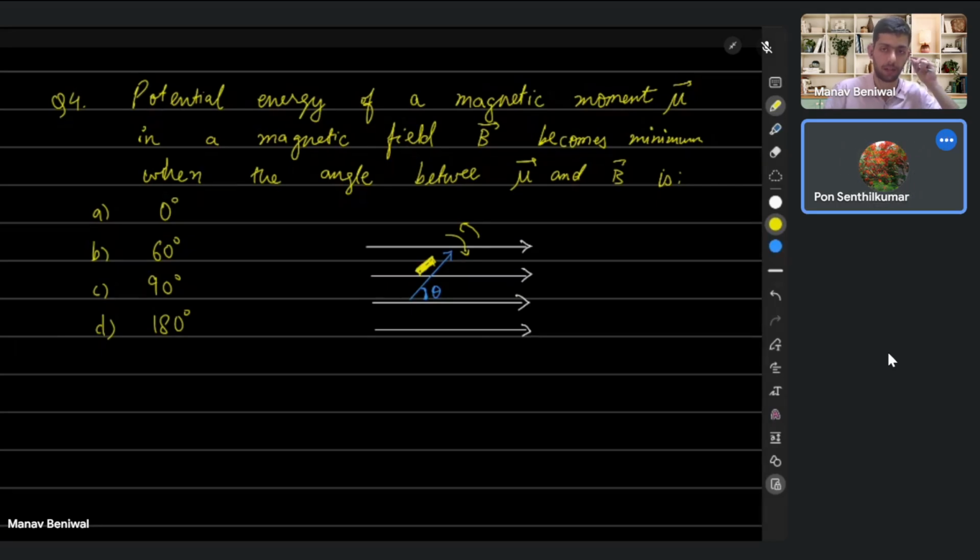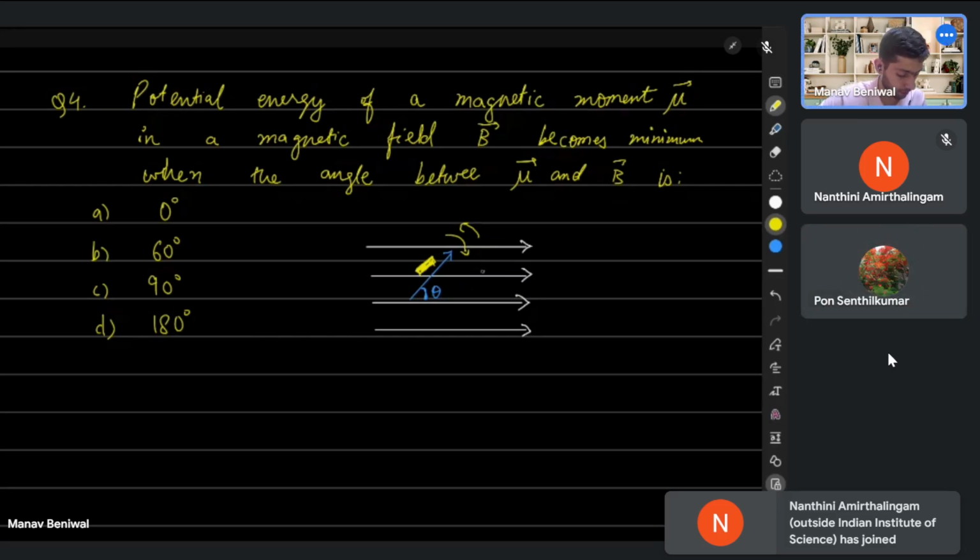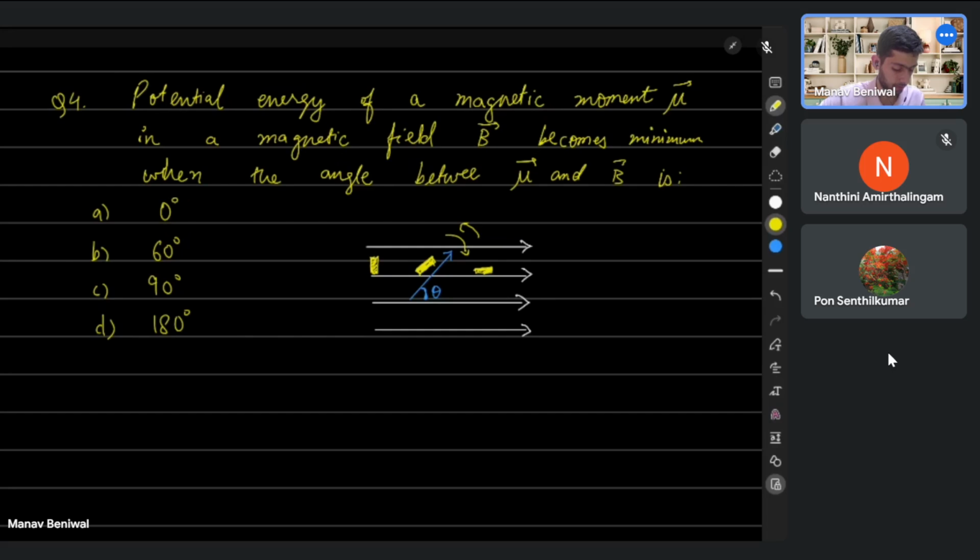Couple action, yes. But in which direction? This will be 90 degrees, and this will be 0 degrees. Will it go towards 90 degrees or towards 0 degrees? It's 0 degrees, sir. So it will try to align itself in the direction of the magnetic field.